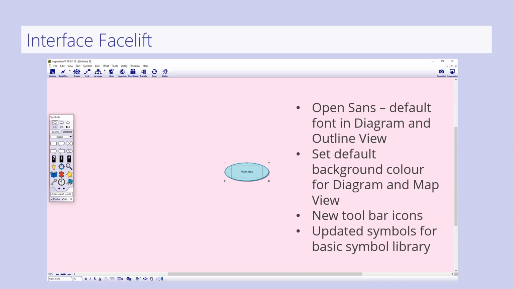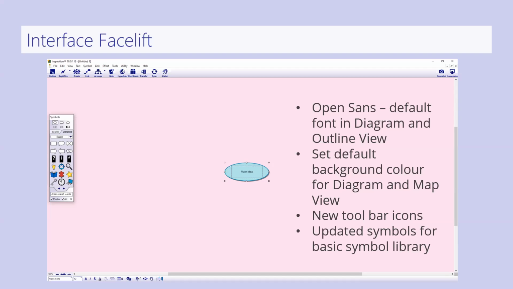We've also added the ability to set a background color for your diagram and map view, because we realized, obviously, with the default in version 9, it was white. And for those students with color sensitivity issues, visual impairments, and just from a pure user perspective, white isn't always the preferred background color.